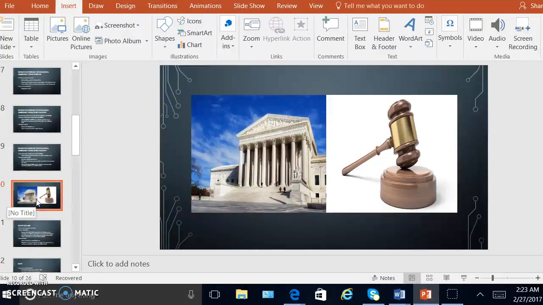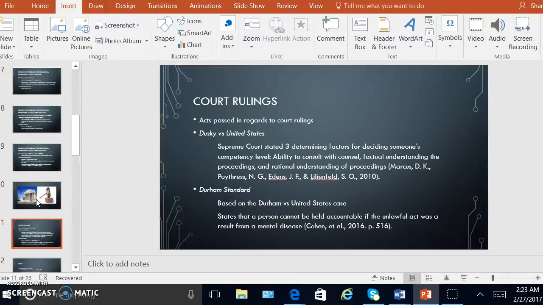And now we're going to go over and discuss the rulings that were made by the Supreme Court. The most famous in forensic psychology is Dusky versus United States, and it is when the Supreme Court stated that there are 3 factors to determine someone's competency level.